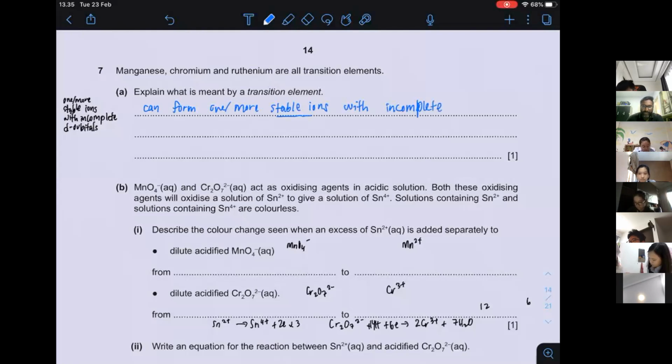Incomplete d orbitals. Please take note, there are two things you need to take note of here: incomplete d orbitals and stable ions.